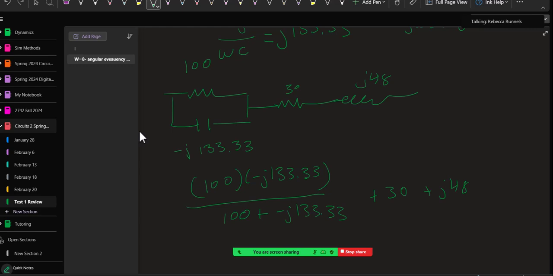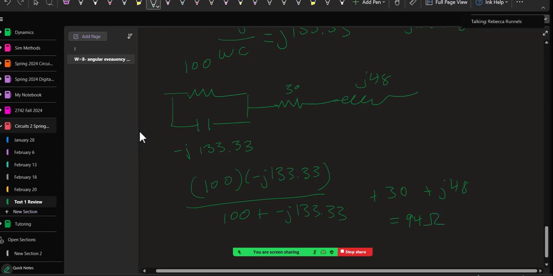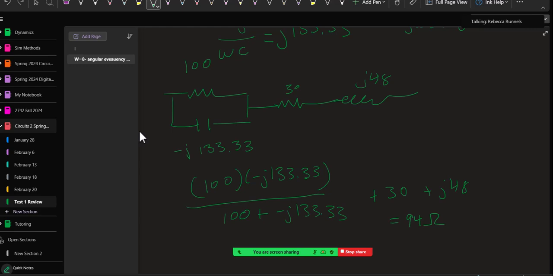If you do all that, you get 94 ohms, which is purely real. If you do this on your calculator and you get 94 plus 0.000015 j, that j really is not supposed to be there. It's supposed to all be real, and that would be just rounding error.